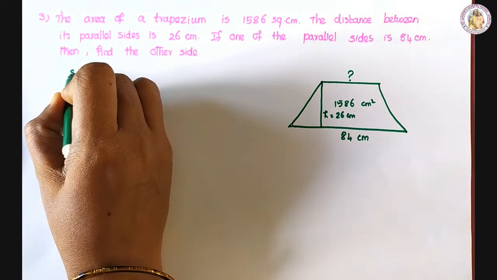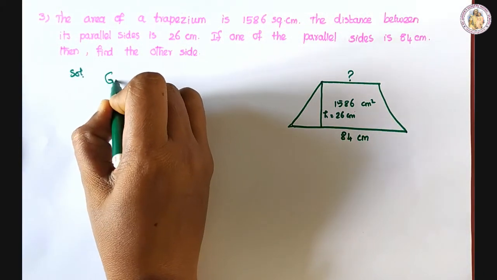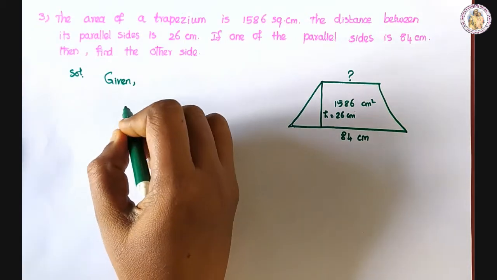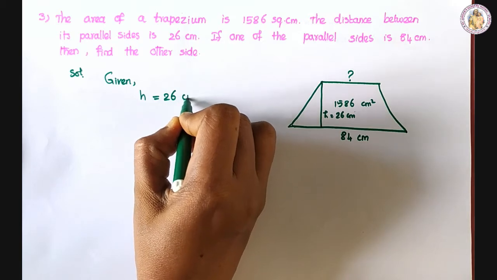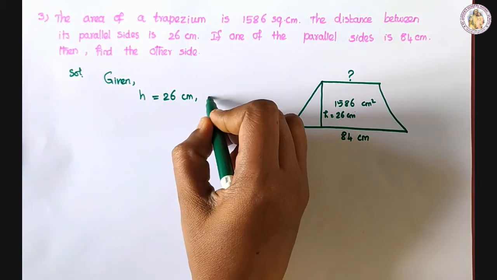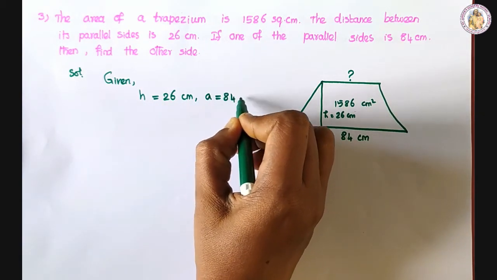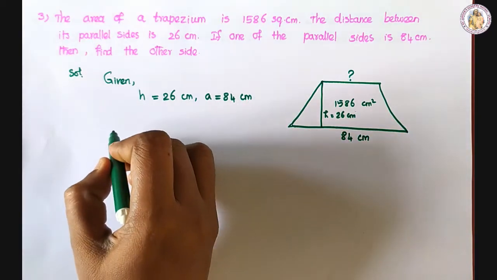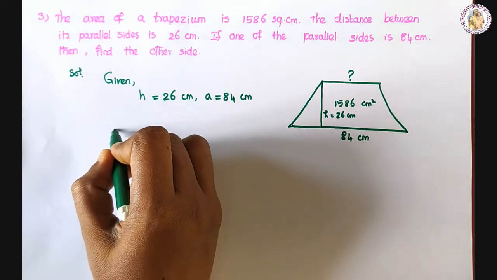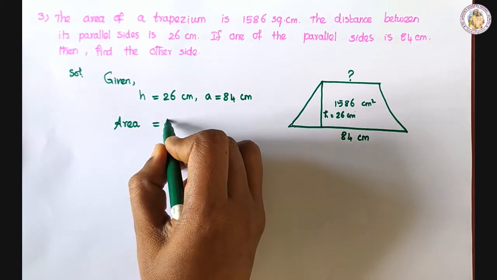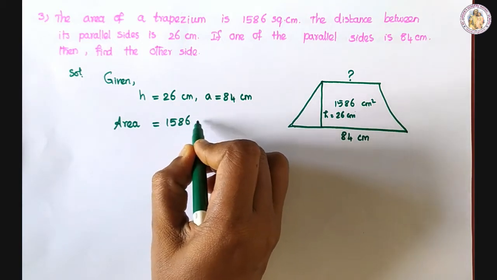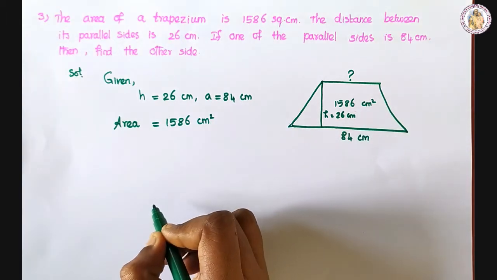So write down what is given first. Given height equal to 26 centimeter and a equal to 84 centimeter, and also given area equal to 1586 centimeter square.